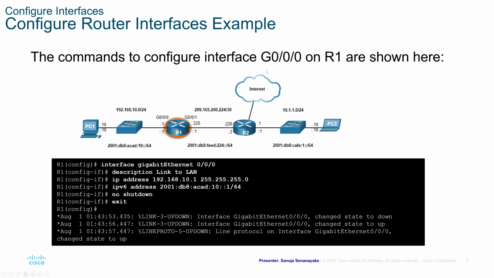The commands to configure interface G0/0/0 on R1 are shown here. So what I'm going to show you in this slide is an example configuration of the R1 router using those commands that we just talked about. So we have the R1 router.